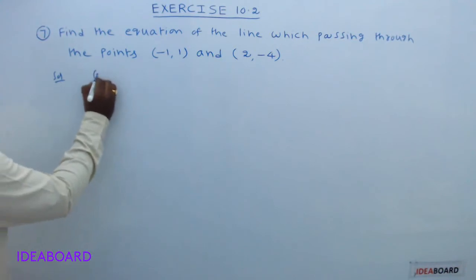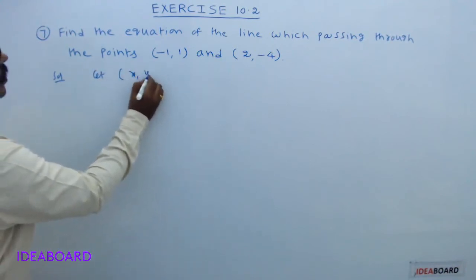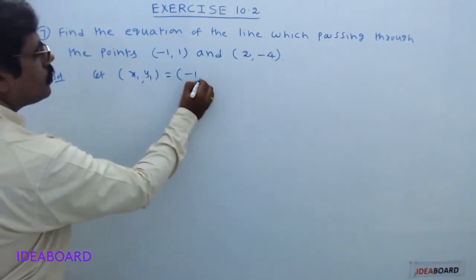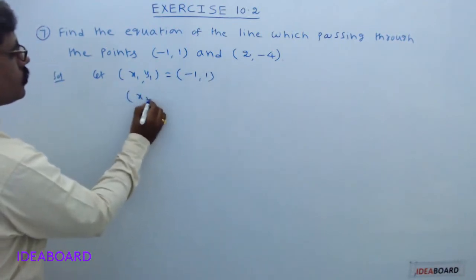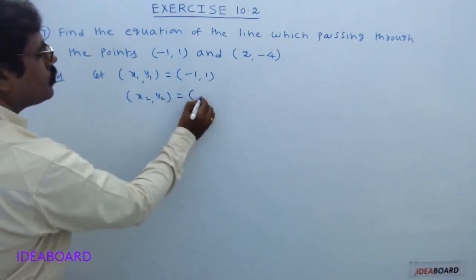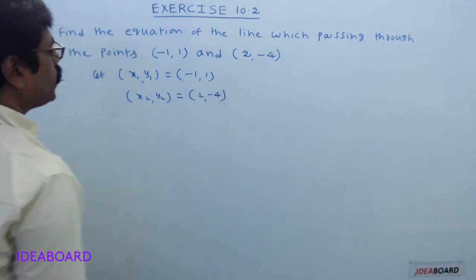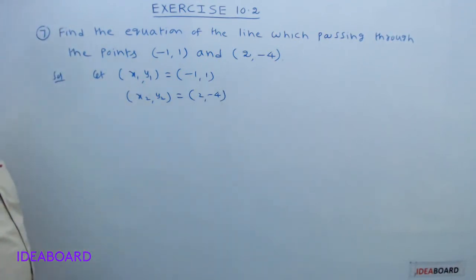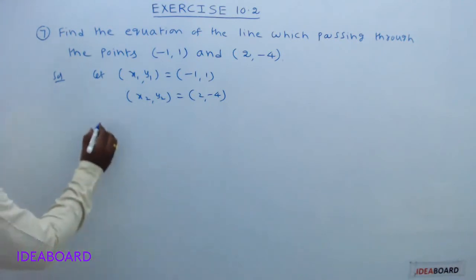First denote the given points with x1, y1 and x2, y2. So (x1, y1) equals (-1, 1) and (x2, y2) equals (2, -4).